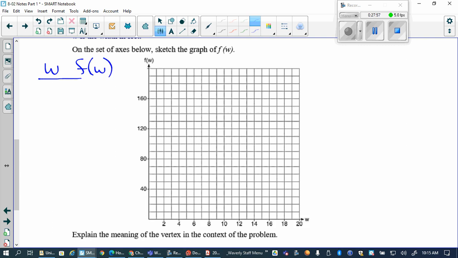I don't want to go 0, 1, 2, 3, 4, 5, 6 to 20. What could I do to shorten that up? 2, 4, 6. Oh, by twos, maybe? Table by twos. But I always start with 0, don't I? So 0, 2, 4, 6, 8, 10, 12, 14, 16.